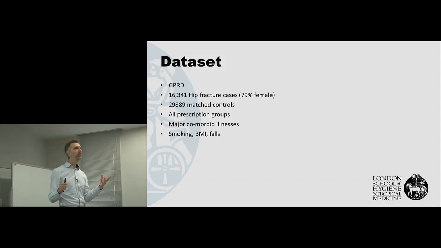They decided to do both a self-controlled case series and a case control study at the same time, and they found 30,000 matched controls. They were able to extract information on all their prescribing and the major comorbid illnesses, smoking, body mass index, previous history of falls, all of those kinds of traditional confounders that you would hope to have information on.